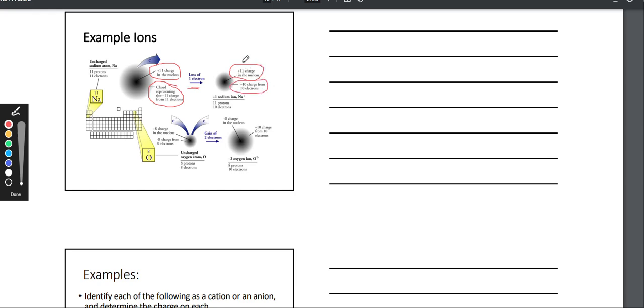So I have an additional positive charge, and that makes sodium a cation with a single positive charge. The way we write this is sodium with a positive charge. So that makes it a cation.